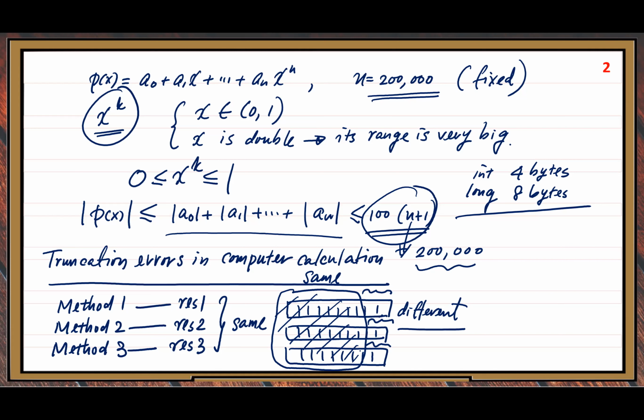So why truncation error? Because in a computer, you cannot represent a number accurately. Think about x to the kth. When you calculate x to the kth power, can you represent it accurately?